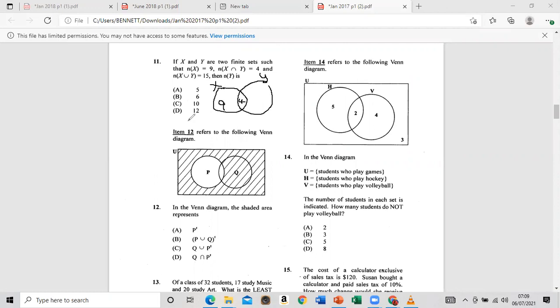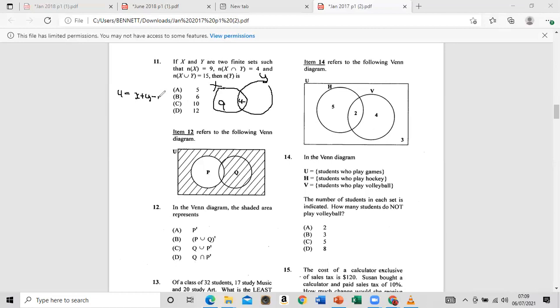So we can just write back what we know. Start over here. So the union is equal to x plus y minus the intersection, and then we just take it from there.